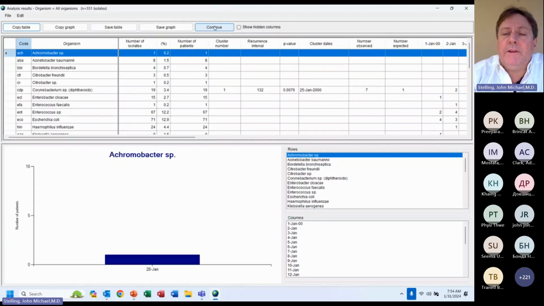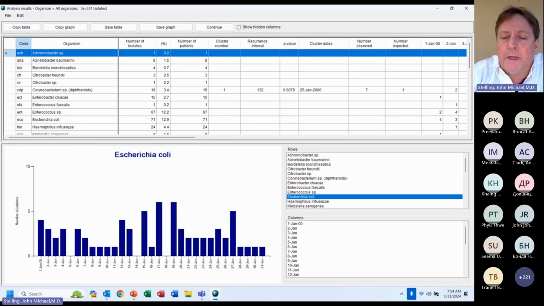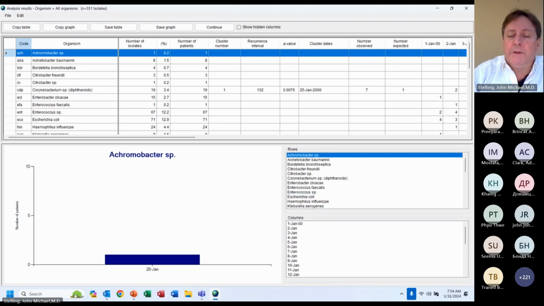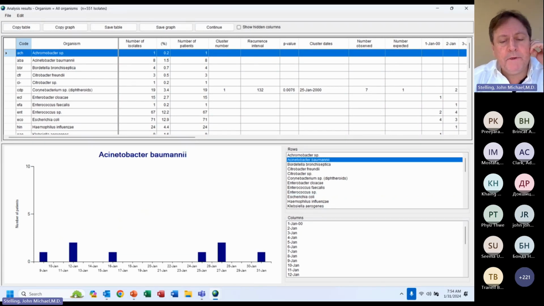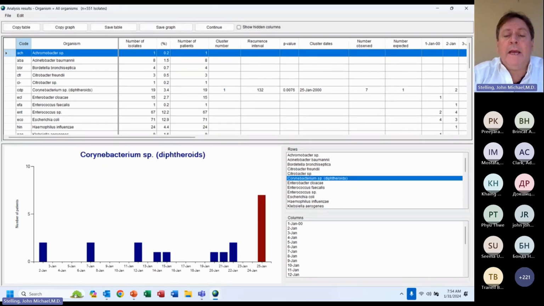And now you can see the table has more columns in it. Most of the graphs are the same. Here's the graph for Escherichia coli. I'm going to start at the top again. No cluster, no cluster, no cluster, no cluster, no cluster. And now you can see that January 25th, I think that's 7 people on the same day, appearing in red.